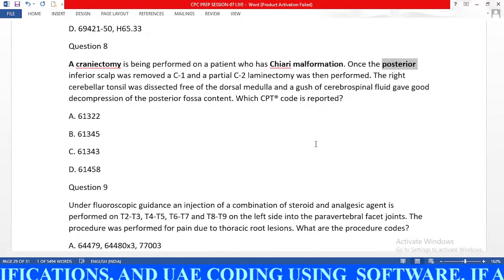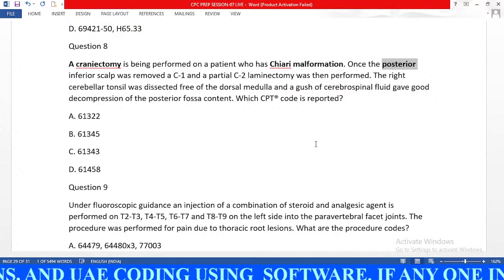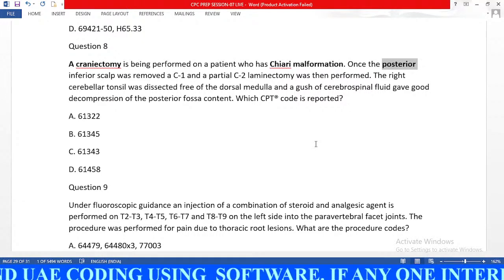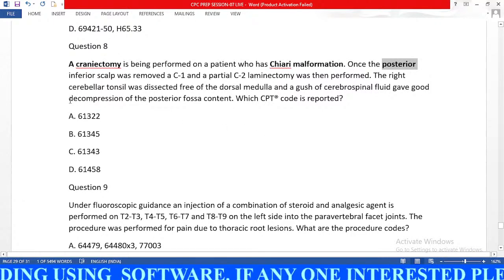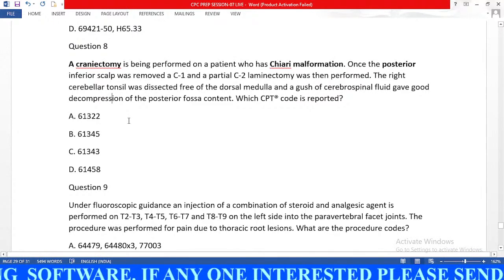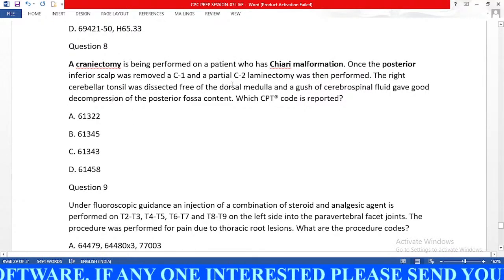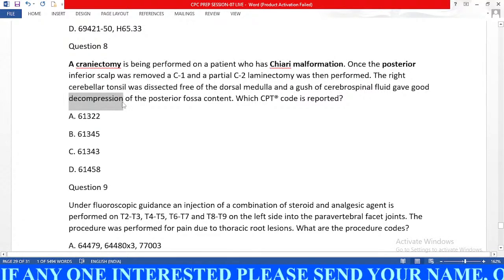The right cerebellar tonsil was dissected free of the dorsal medulla and a gush of cerebrospinal fluid gave good decompression of the posterior fossa content. So here the physician has removed the burden on C1 to C2. C1 means cervical spine.